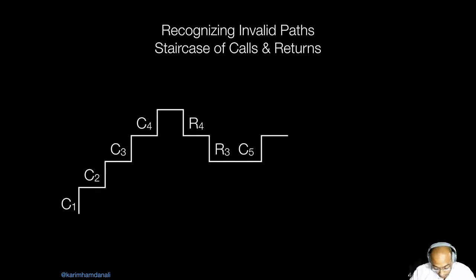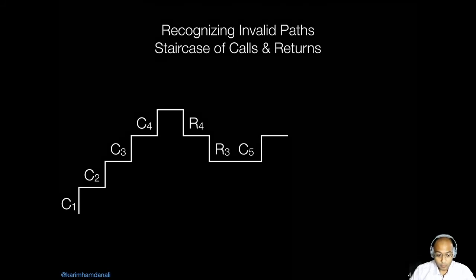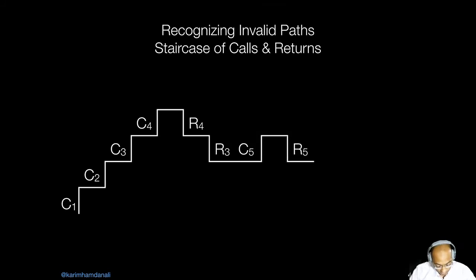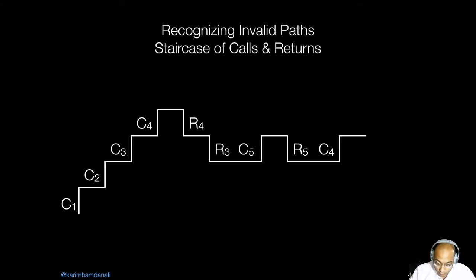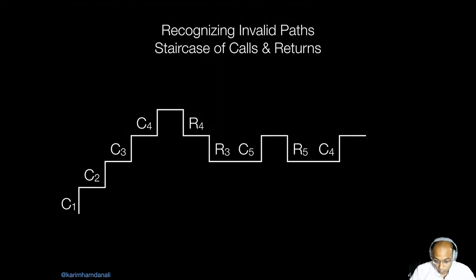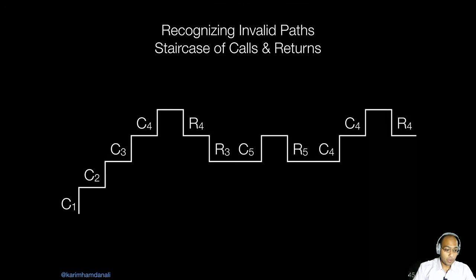So after the return, you can have another call C5. But when you return, you will return back to where C5 is. You can have the same call site again, C4, then you can have C4 again, and so on and so forth. So this is what the staircase notion would provide.